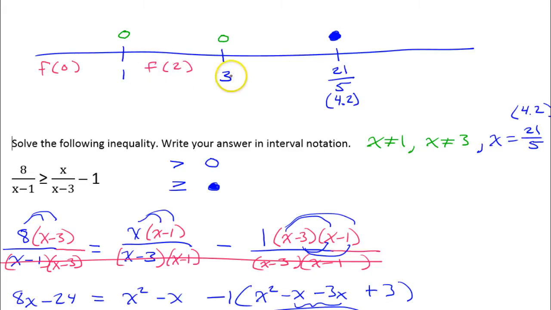In between 3 and 4.2, I'm going to use the value 4, but I could have used 3.5 or something like that. Now here I just need something bigger than 4.2. I'm going to go ahead and use 5, but I could have used 6 or 7 or 100. So these are the test values that I'm going to use.